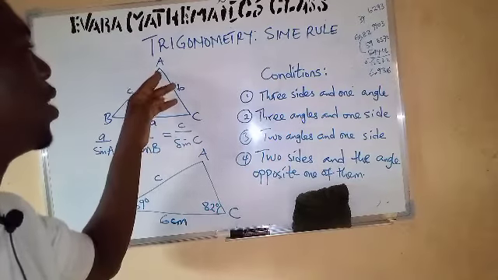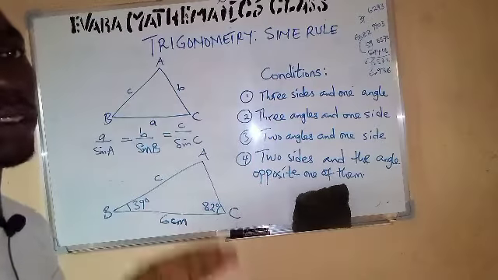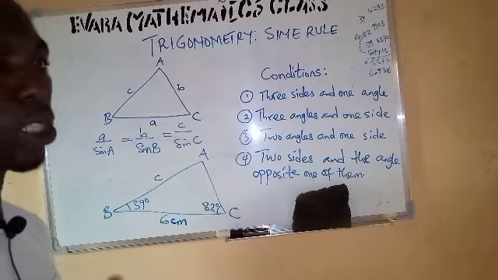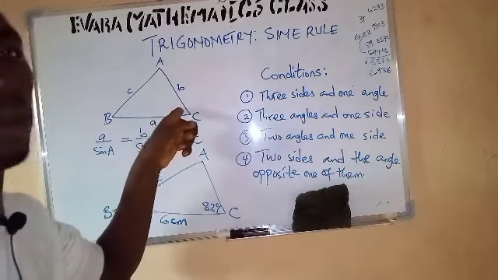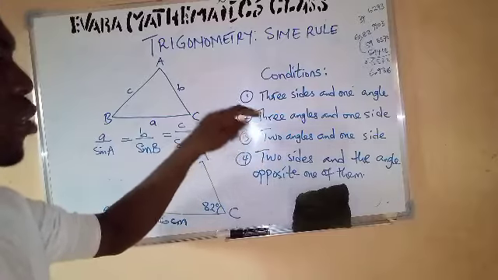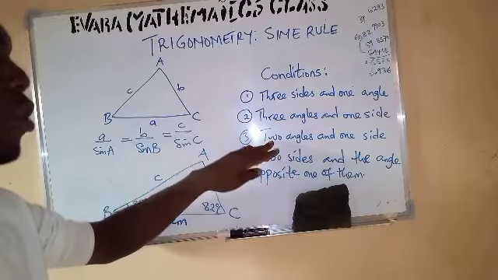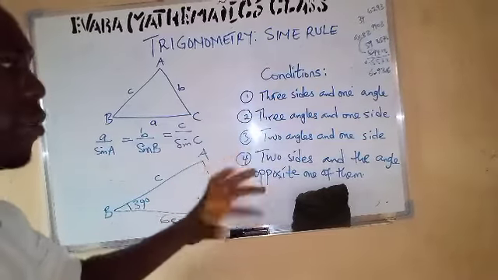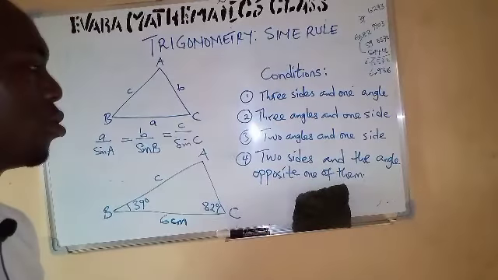So if I have A and B, all I have to do is add them together and subtract from 180, and I will get the value of C. So you can see that this condition is similar to number 2. When you have two angles, it is as if you already have the three angles.